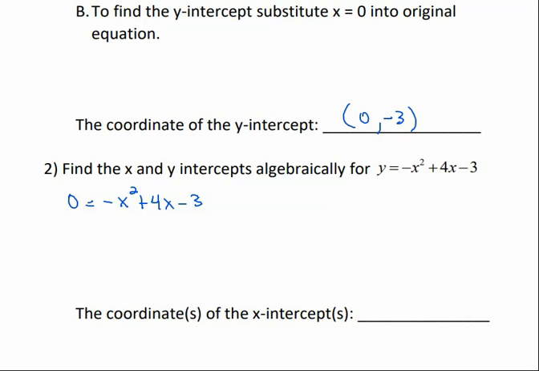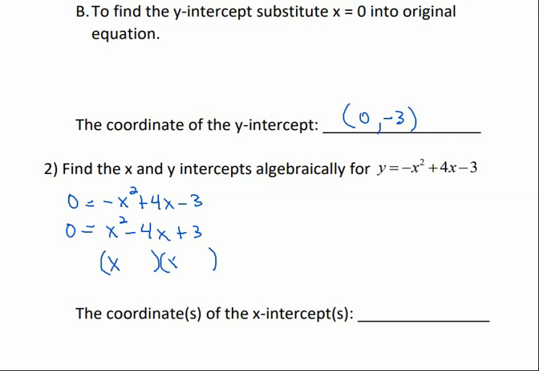So I could just say I'm dividing everything by negative 1. Well, if I divide 0 by negative 1, I still get 0. If I divide all of these by negative 1, it's just going to change every sign. And these two equations are equivalent because I changed every sign. And now that makes this easier to factor because I don't have that negative in front.